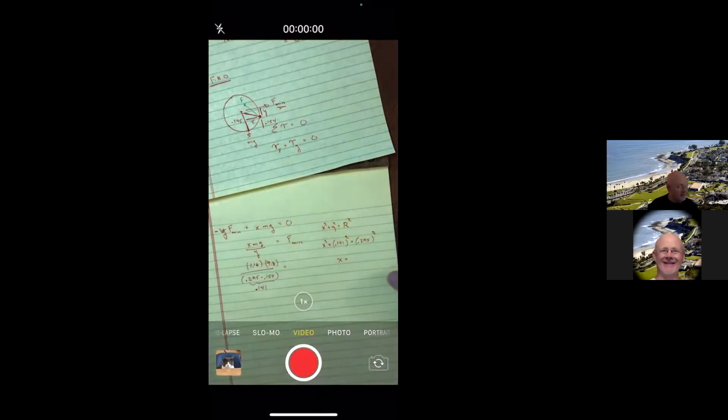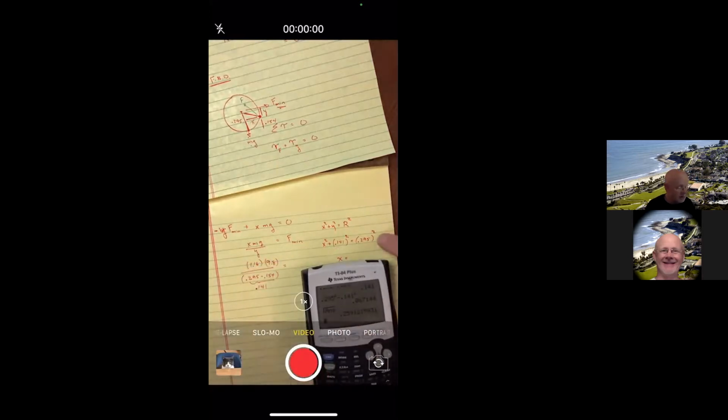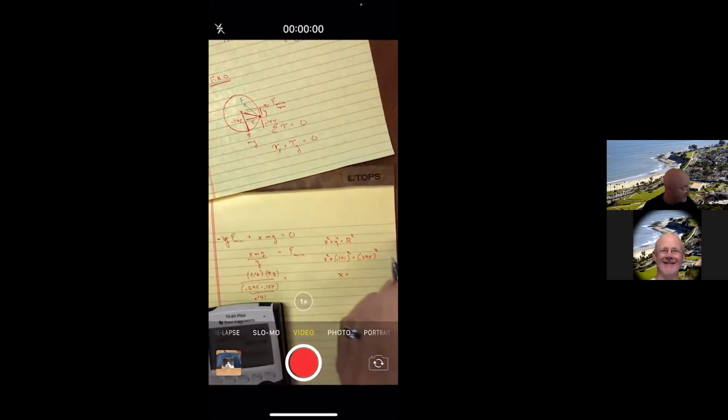And that will allow me to find this x. So 0.295 squared minus 0.141 squared, and then taking the square root is 0.259.